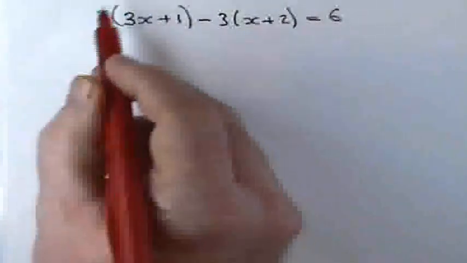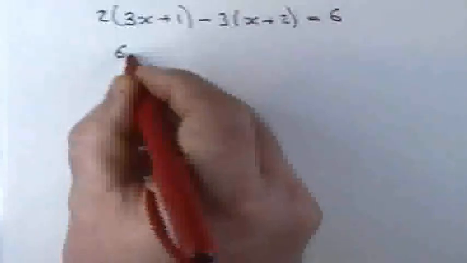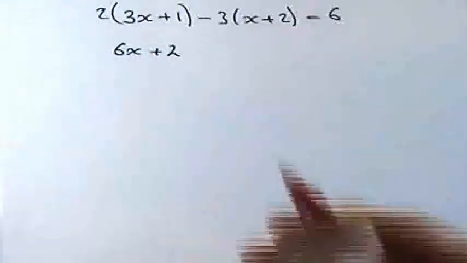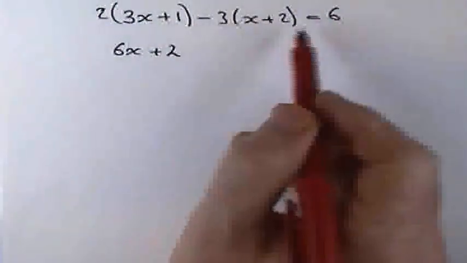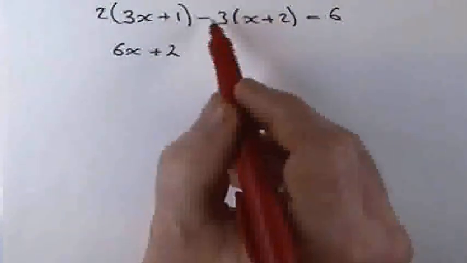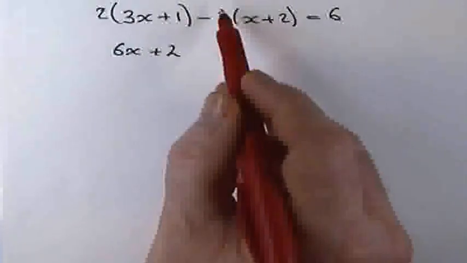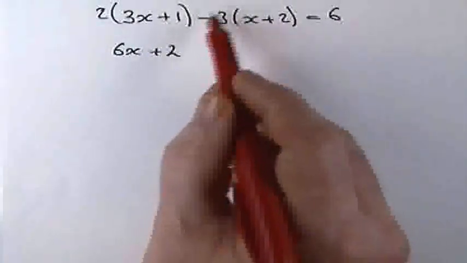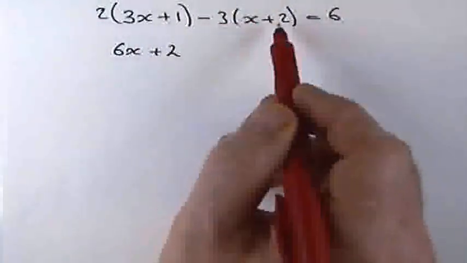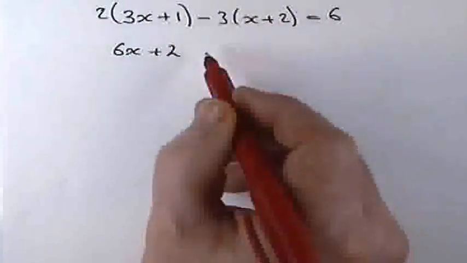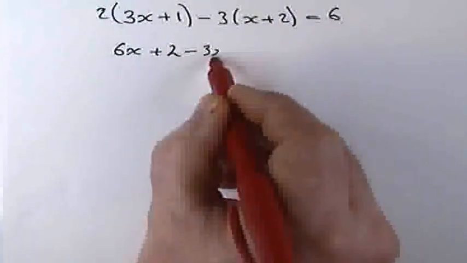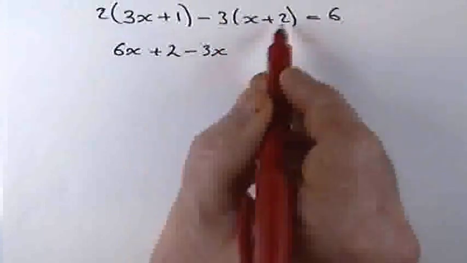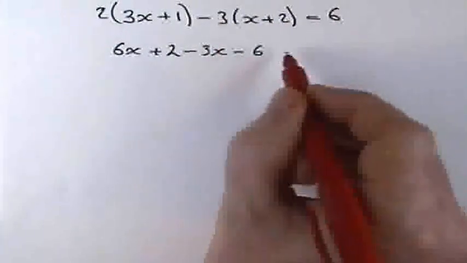So let's first of all multiply out the first bracket. So I get 6x plus 2. Now, when we multiply out the second bracket, we've got to include this sign here, this negative 3, as part of the multiplication, as part of the expansion. So we get negative 3 lots of x, which is negative 3x, and negative 3 lots of 2, which is negative 6.